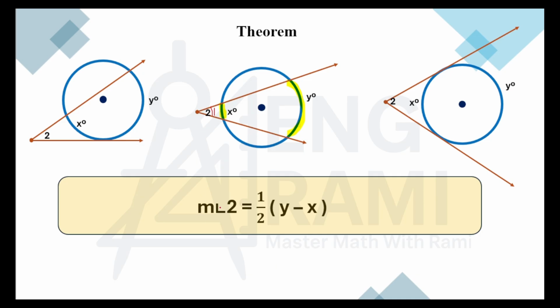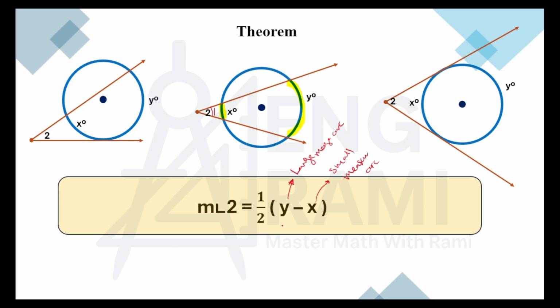The measure of angle 2 equals half of y minus x, where y is the large arc measure and x is the small arc measure.